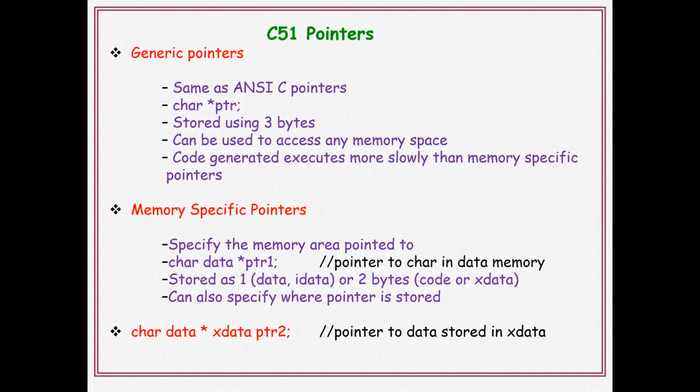Memory specific pointers specify the memory area pointed to. Stored as 1 or 2 bytes: 1 for data or idata, 2 bytes for code or xdata. You can also specify where the pointer is stored. This is about C51 pointers.